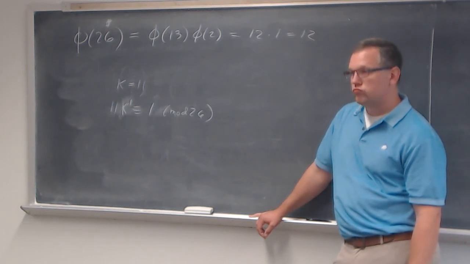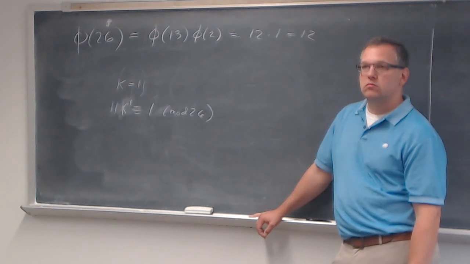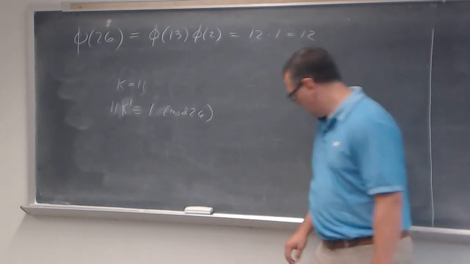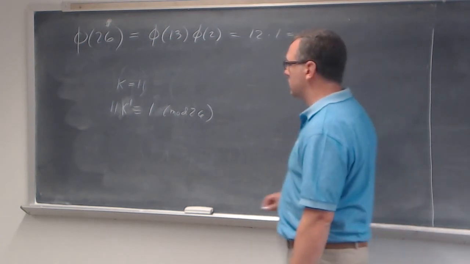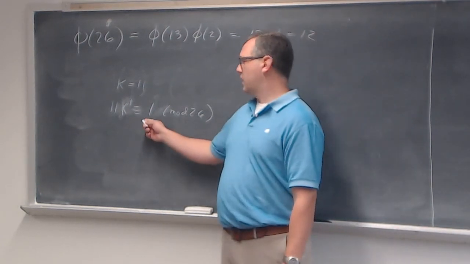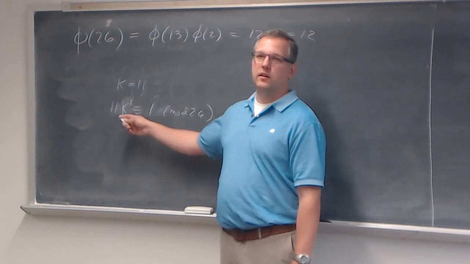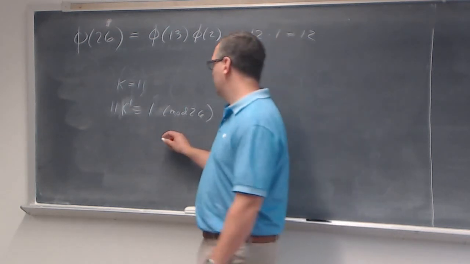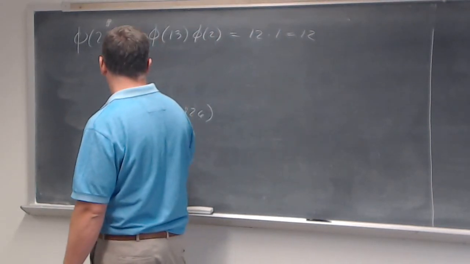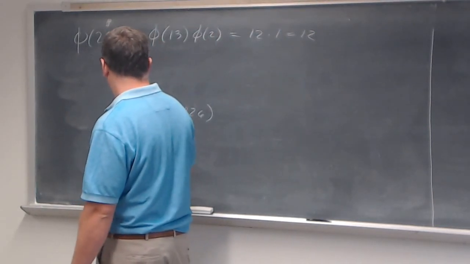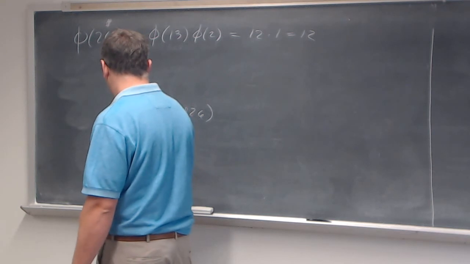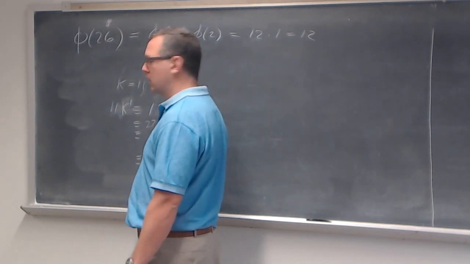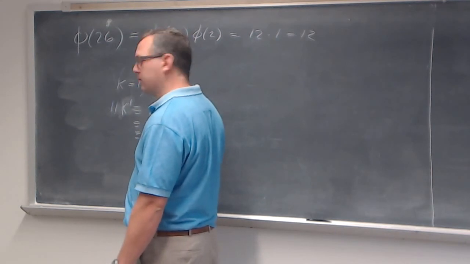I plugged in negative 1, but I added 26 to it and tried that one. Yes, it's 19. There are many ways to do this, right? You can keep adding 26 until you get a multiple of 11, and then divide by 11. When did you stop? I got 19 by hand.